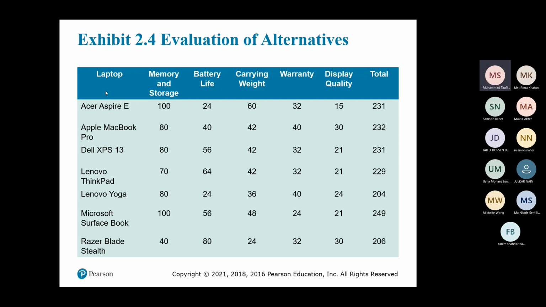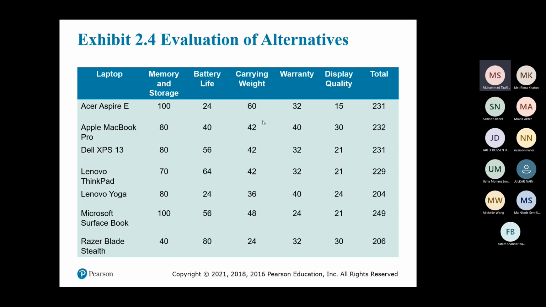Memory and storage weightage is 10, and the score for Aspire E for memory and storage is 10. So you just multiply 10 with 10. You just multiply the score for the laptop with the weightage of the criteria. That's why you get 100 here. And then you do so for all other criteria.